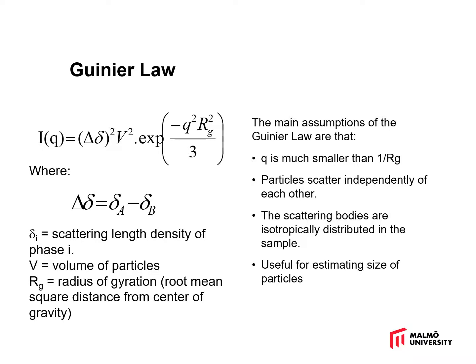It's a dilute solution scattering law, so we assume that all the scattering is from the form factor of the particles. It also assumes that the scattering bodies are isotropically distributed. And as I said before, it's really quite useful for estimating the size of particles.